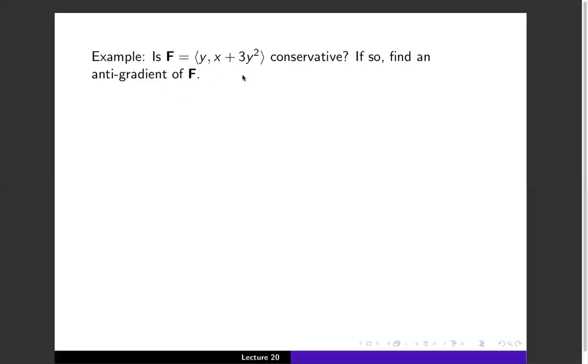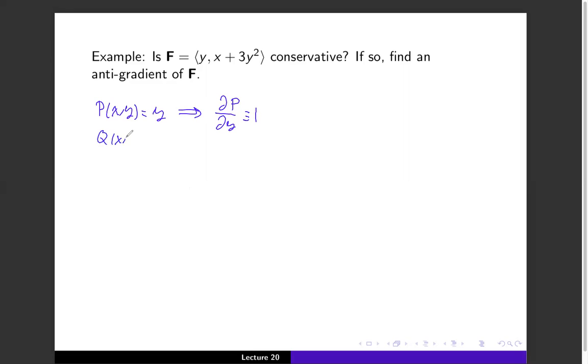What about this other vector field? We can consider the vector field F is y comma x plus 3y squared. What are we going to do? Well, p of x,y is y, and in this case, that means that the partial derivative of p with respect to y is the constant function 1.